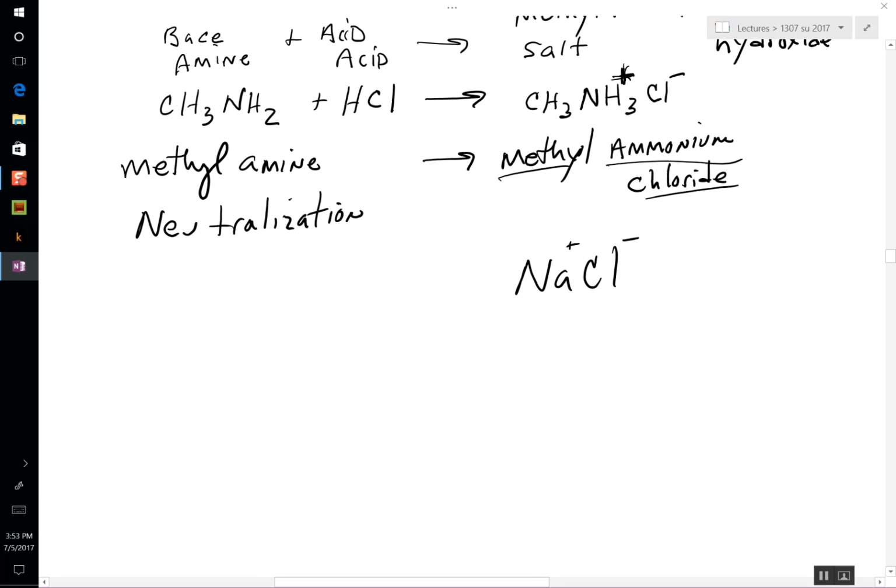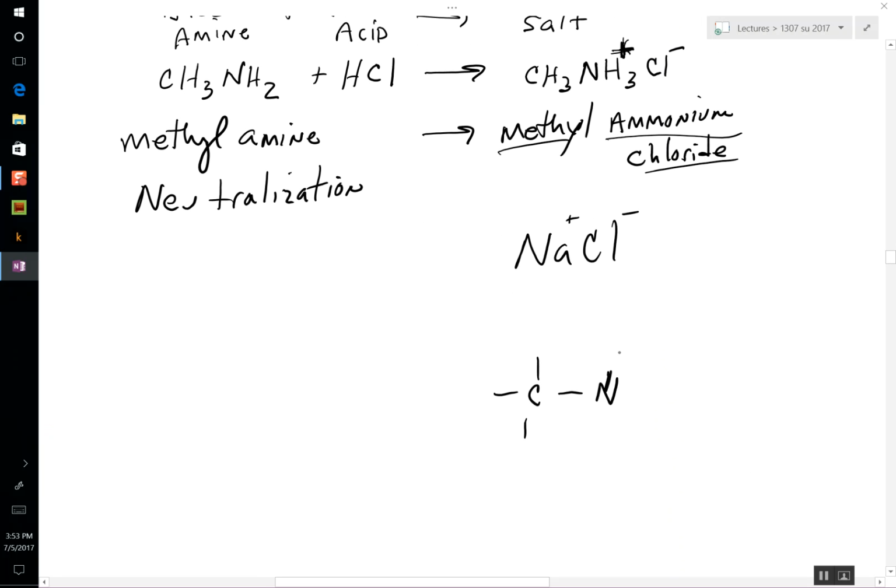Let me just quickly draw that. See, what you have there is this. There's your methyl group. You have a hydrogen, a hydrogen, a hydrogen. Now, Dr. Prasad probably told you that a nitrogen is going to have 3 bonds. Oxygen has 2 bonds. Carbon has 4 bonds on it. This is the amine.